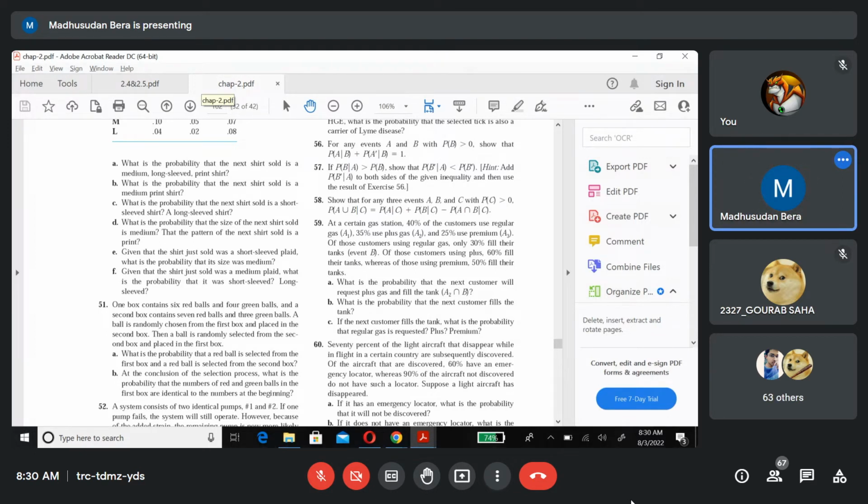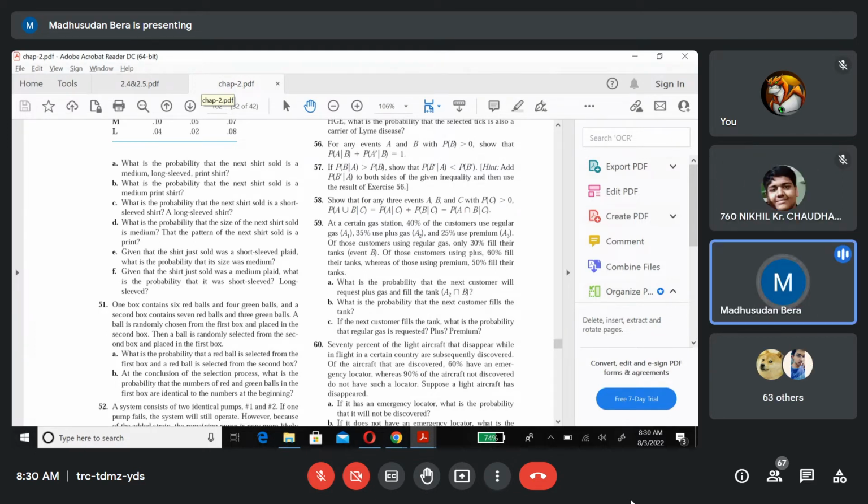Yes, sir. Now, of the customers, what will be P of A1? 40% use regular gas, so P of A1 is 0.4. P of A2 is 0.35. P of A3 is 0.25.